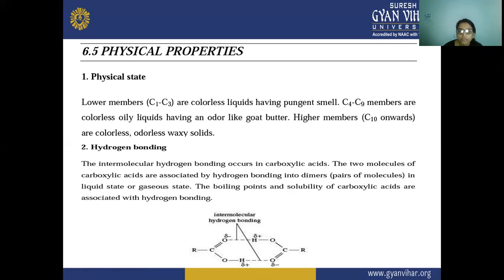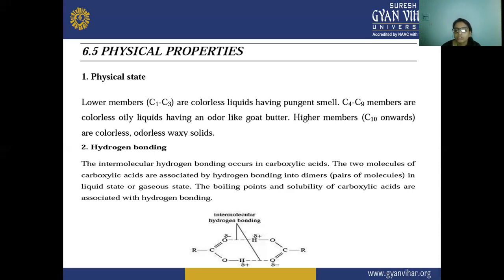First, the physical state. The lower members, from C1 to C3, are colorless liquids with a pungent smell. The C4 to C9 members are colorless oily liquids with an odor like rancid butter.